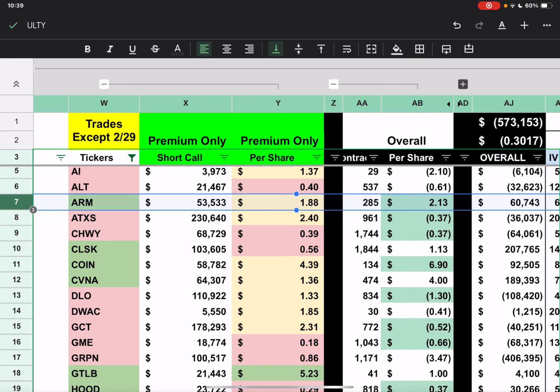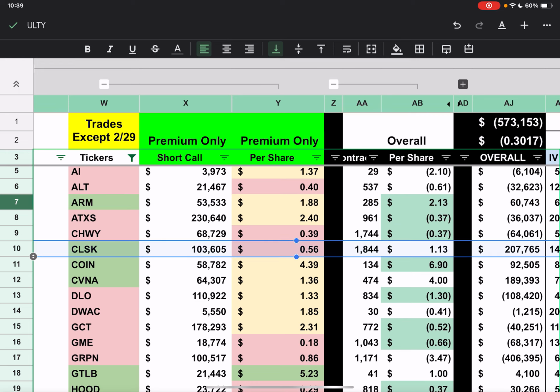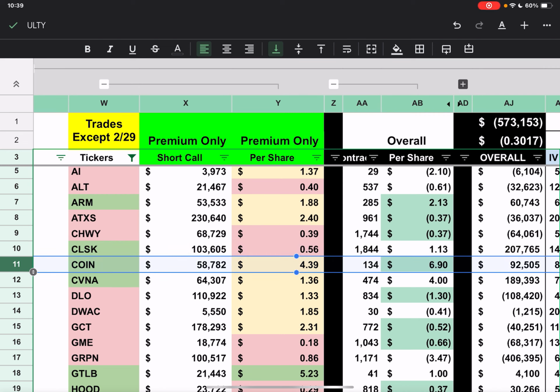So if we go down here, of course it's still open, right? Because that's why this overall over here is green. And then for CleanSpark here, we made 56 cents in premium for distribution, but $1.13 overall. And then Coin 437 or 439, but at $6.90 overall.